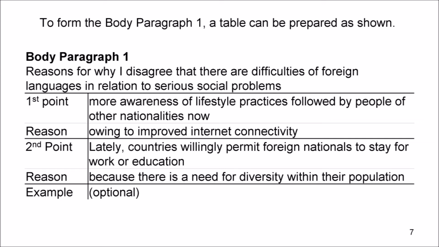And the reason is owing to improved internet connectivity. The second point, lately countries willingly permit foreign nationals to stay for work or education. Reason, because there is a need for diversity within their population. Since examples are optional, I have excluded it.